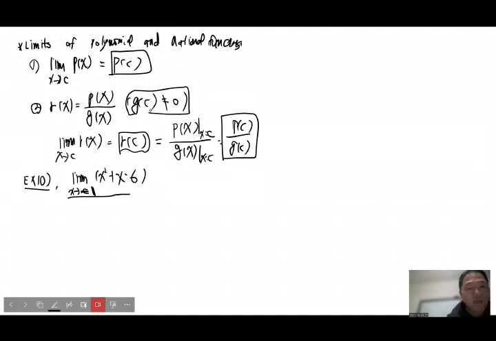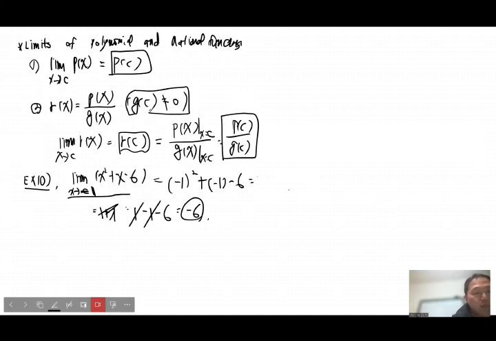So you plug that into the formula, then that should be (minus 1) squared plus (minus 1) minus 6. So that is 1 minus 1 minus 6, I'm sorry, not 1 plus 1.